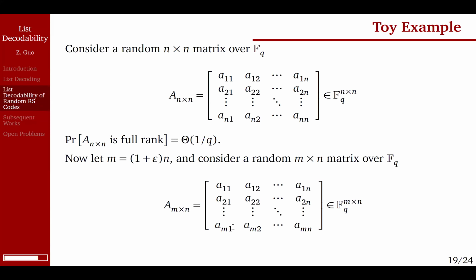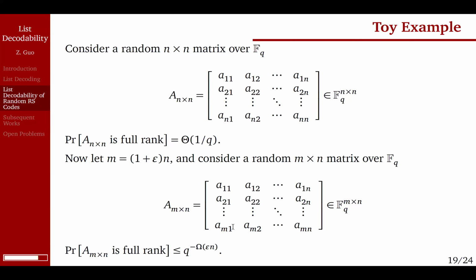But suppose I'm willing to relax this. That will give you more linear constraints than variables, so you get a rectangular matrix with more rows. Think about choosing a random m by n matrix, where m is (1 plus epsilon) times n. What is the probability that it has rank n? Now the failure probability is exponentially small in epsilon.